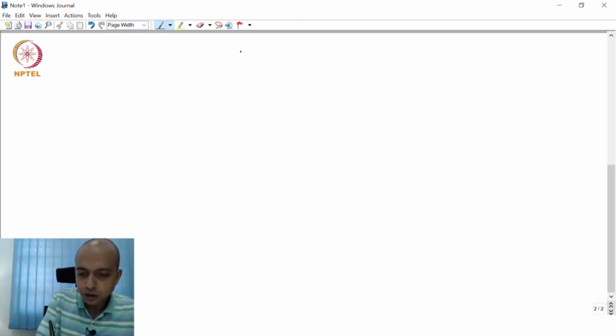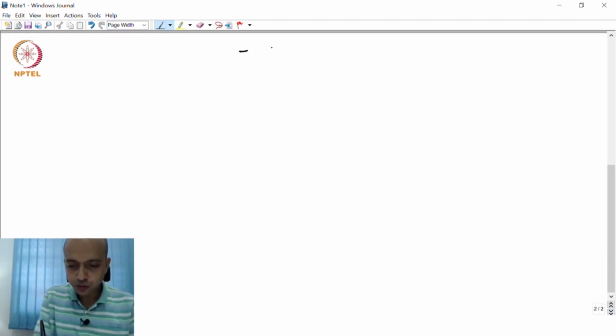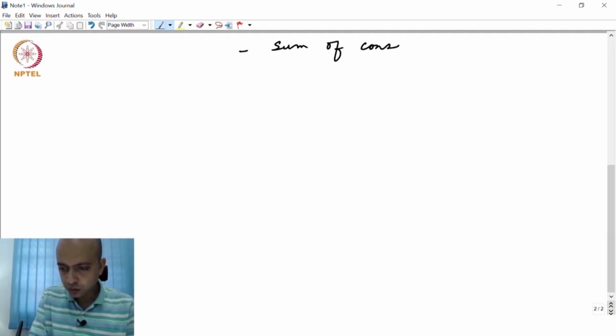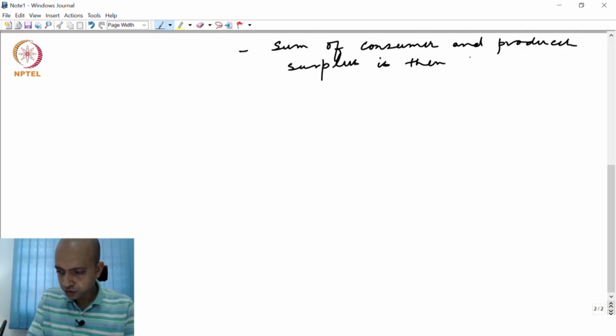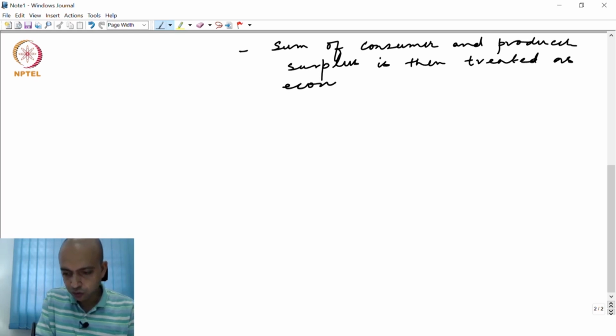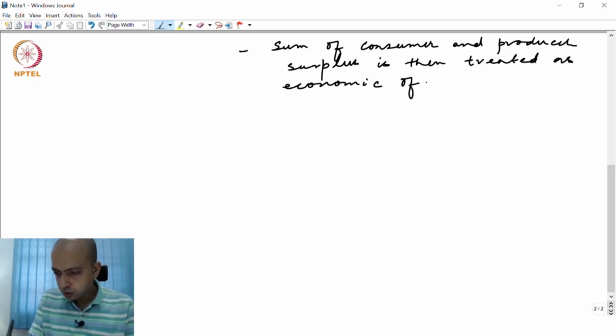So the sum of consumer and producer surplus is then treated as the economic value of the environmental change.